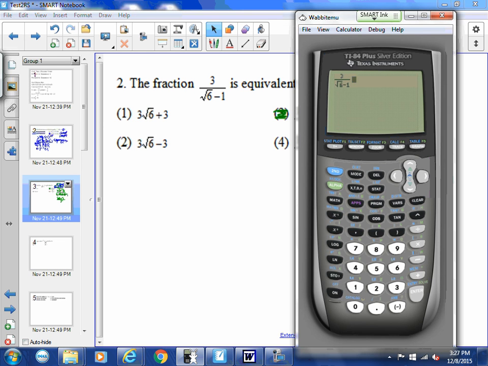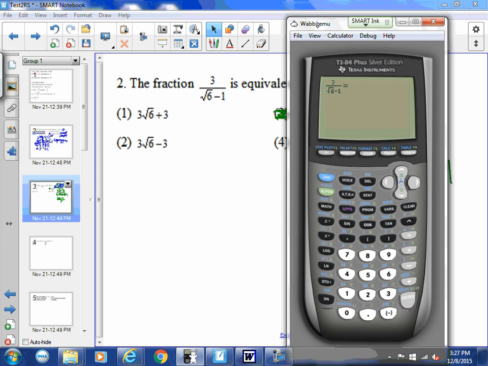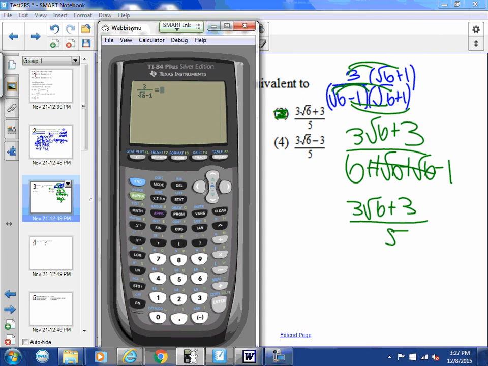I can do second test equals, and I can type in each solution. When I type in 3 radical 6 plus 3 over 5, hopefully I will get 1. Remember, 1 is equivalent, 0 is not equivalent.